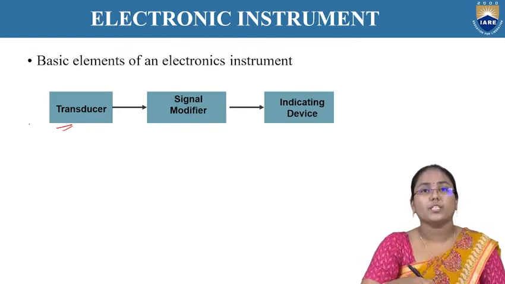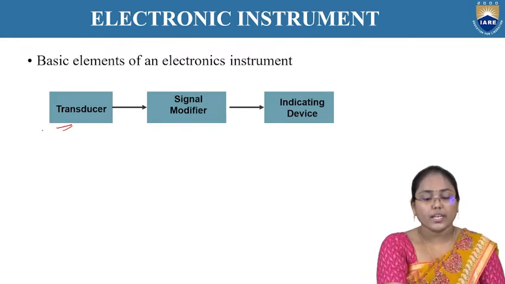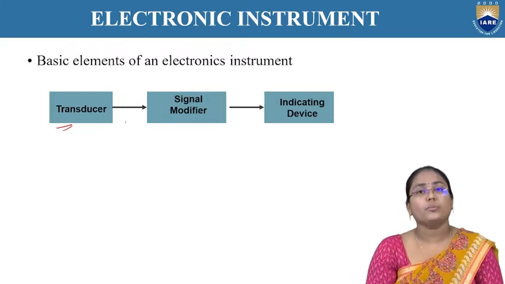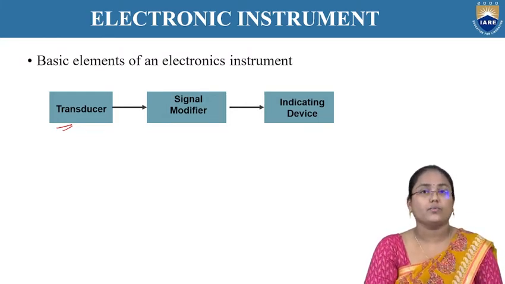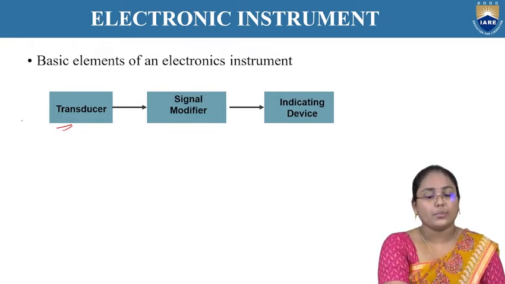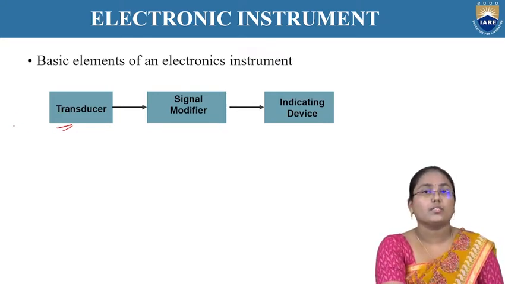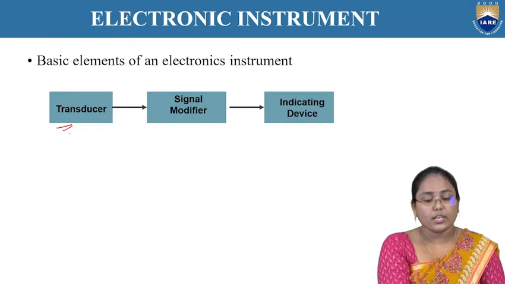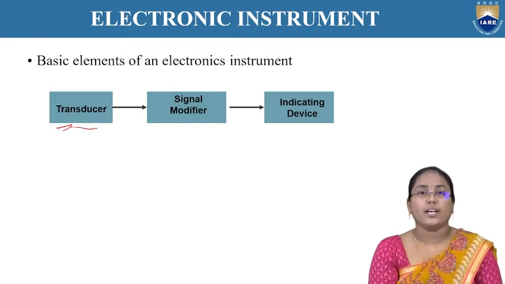For example, if the input is a pressure, it can be converted into some known format, such as a voltage, using a thermocouple or thermal coil. That energy can be converted into current or any other voltage form. That will be taken care of by the transducer.